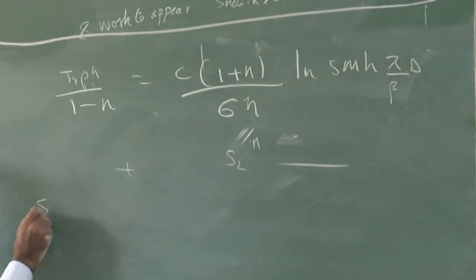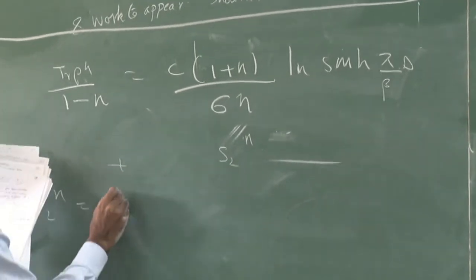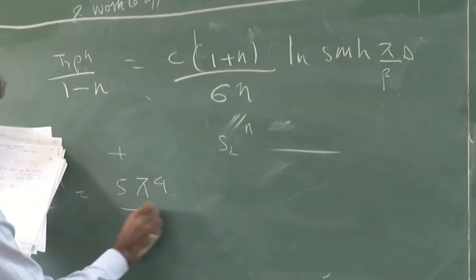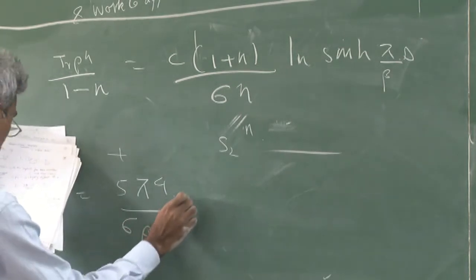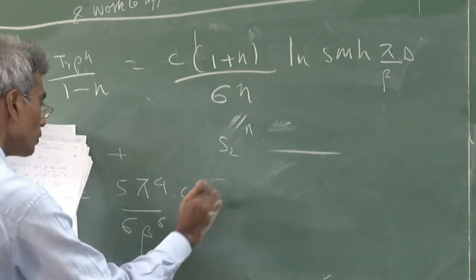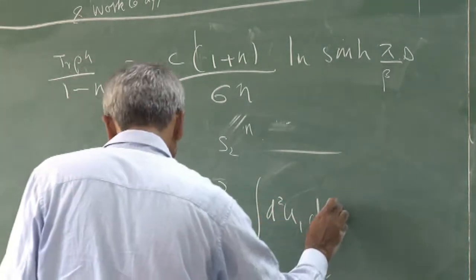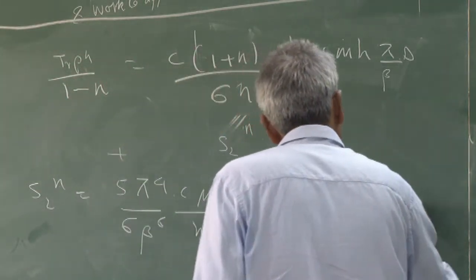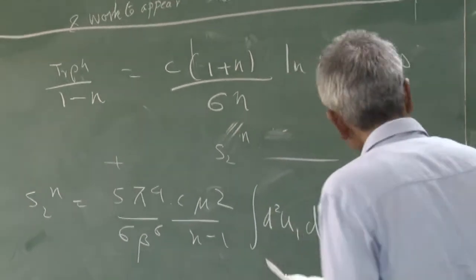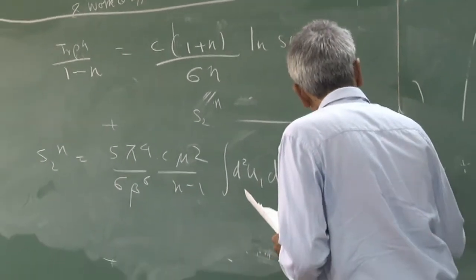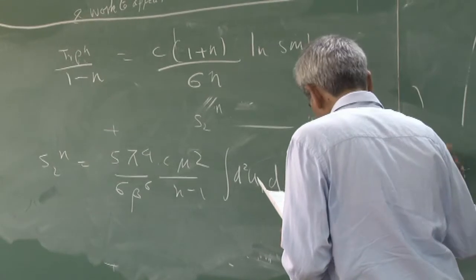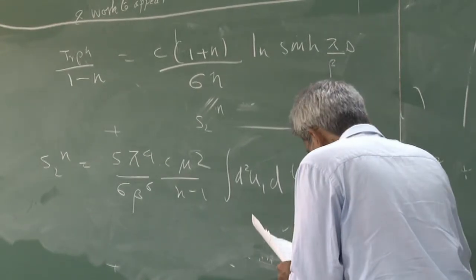So, S2 n is basically, with all the normalizations and so on, mu squared n minus 1, 2 integrals over the cylinder. So, f1, these are those numbers, f1 eta to the power beta plus f2 eta to the power beta squared divided by sinh. Okay.